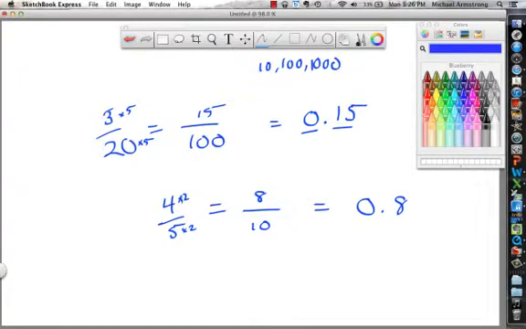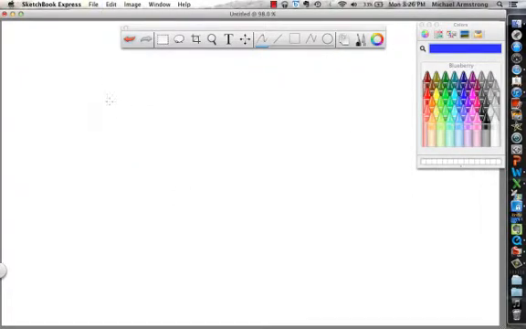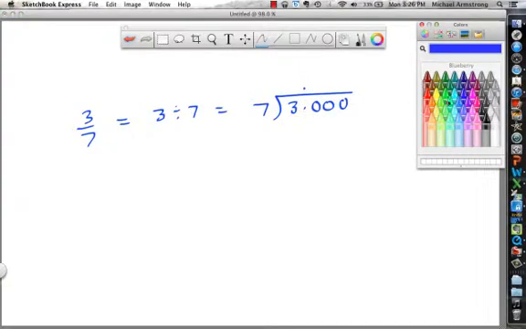All right. Maybe just another couple. 3/7. I have no idea what this is going to look like. 3 divided by 7 is 7 into 3. Add a decimal and some zeros. We just don't know how far it's going to go. Change colors just for fun. 7 goes into 3. Nope. 7 goes into 30.